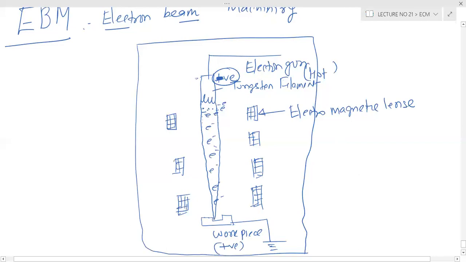So it is a vacuum chamber, complete vacuum will be there. This is your anode.